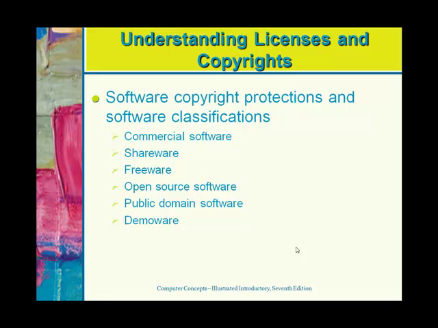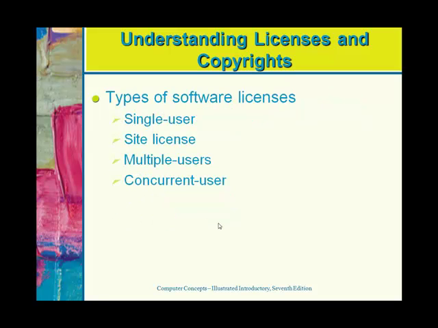Public domain software is free, but there is no copyright holder. Typically, this is stuff where the copyright has expired or the person has chosen not to enforce it. And demoware is really just a version of the software that doesn't have all the features enabled, that just gives you an idea of what the software does.